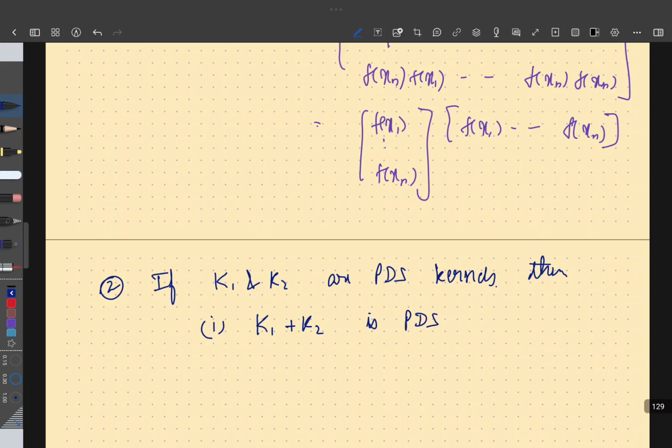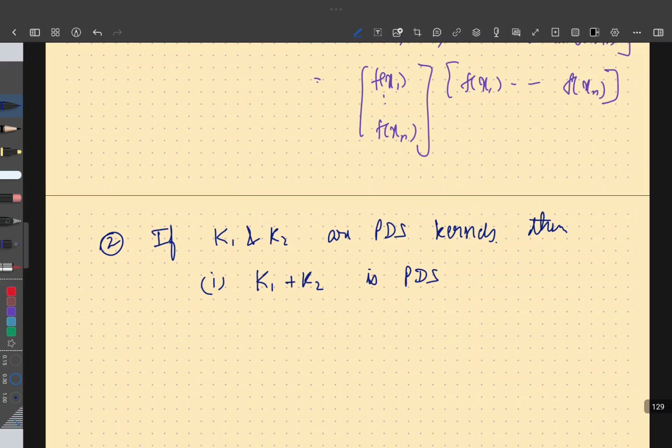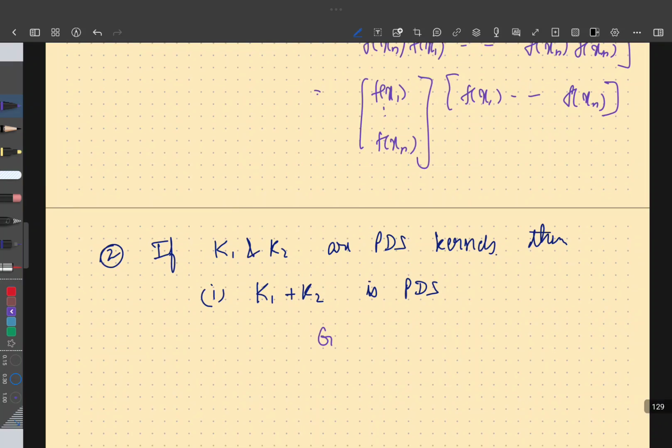Why is that the case? The sum of two positive semi-definite matrices is also positive semi-definite. Basically, kernels inherit the general properties that PSD matrices have, because G1 plus G2 is PSD if G1 and G2 are PSD.